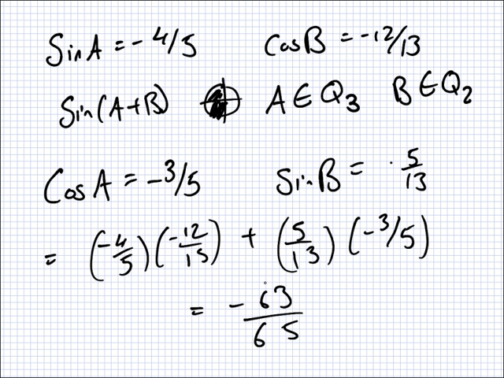I thought cos A is minus. It is minus. Yeah. The first part, 48, is positive, and the second part is not. Hang on. Sine A, correct. The cos B, correct.